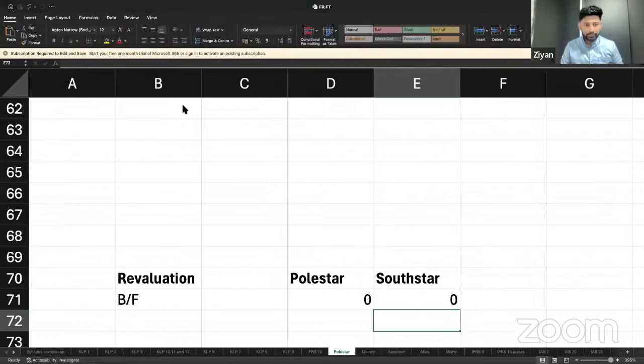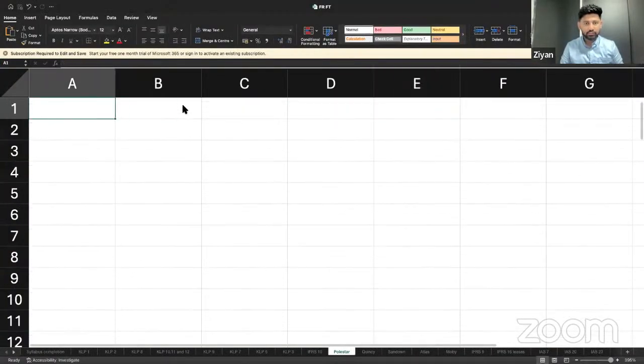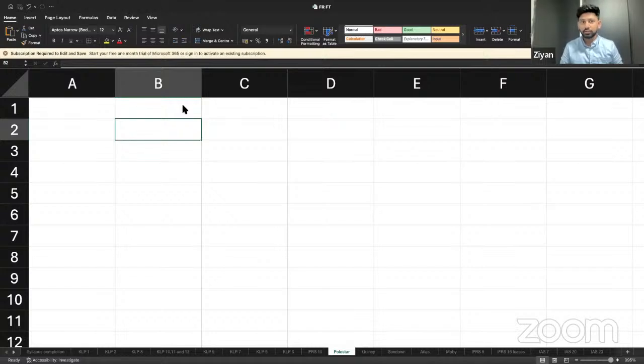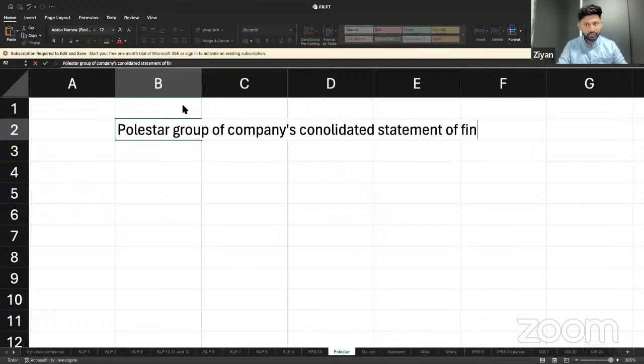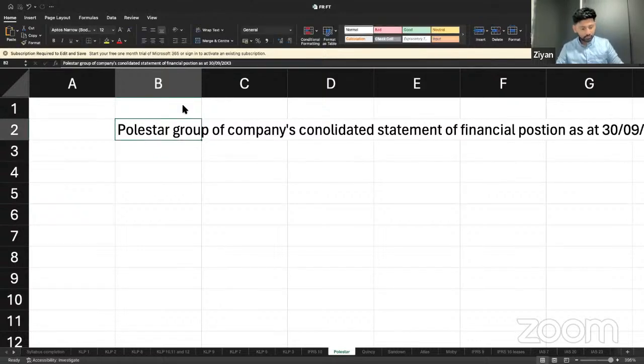Right, I'm going to go to the top and you're going to give me figures for Polestar. Everybody, Polestar group of companies, consolidated statement of financial position as at 30th September 2013.